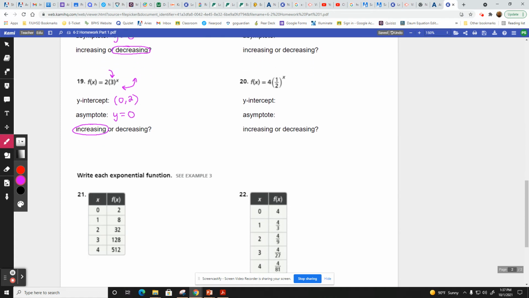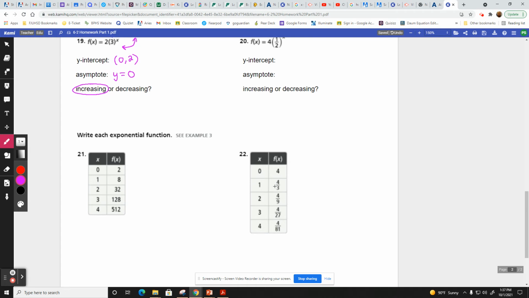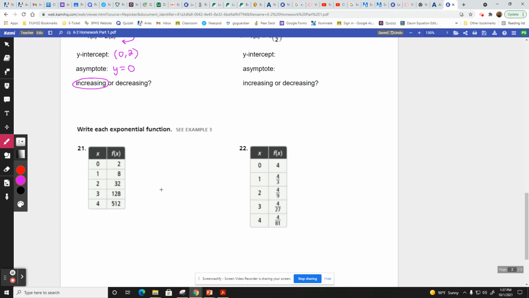Okay, so on 21 and 22, we're going to use the generic formula, y or f of x equals a times b to the x. Remember, a is my initial value and b is my base, also the common constant ratio.